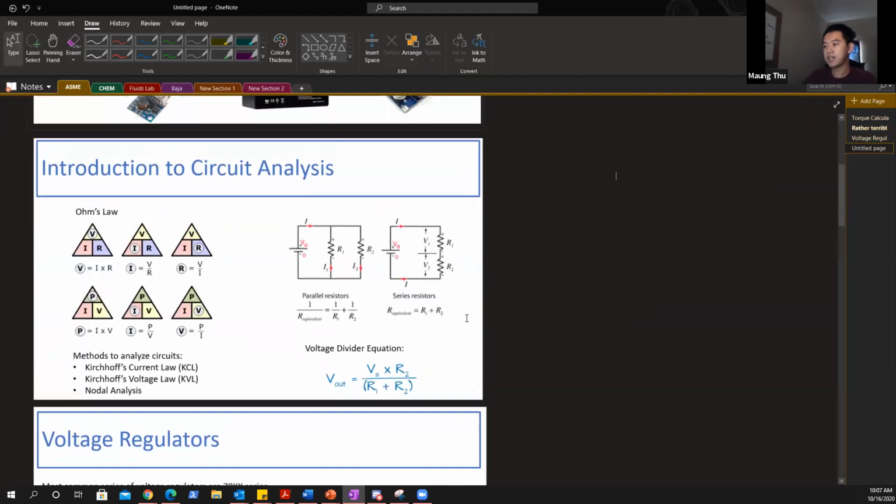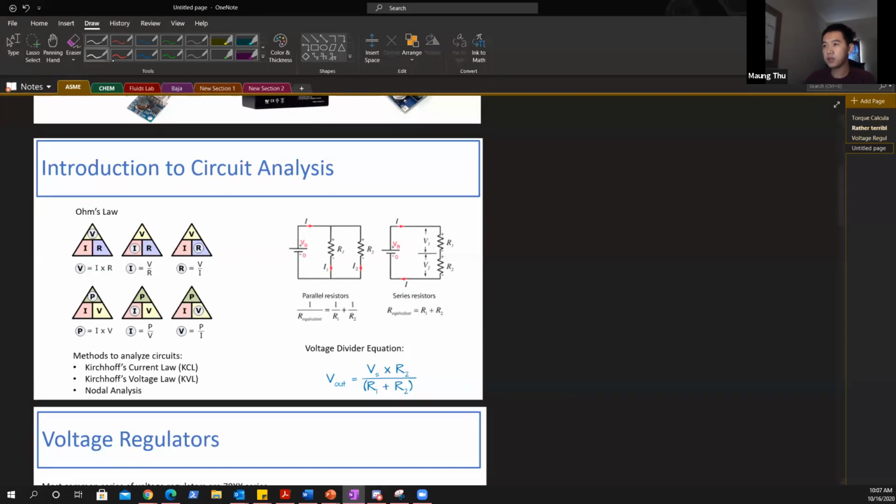Here's a breakdown for those who have taken circuit analysis already, for either ME or EE. This is the overall summary of what you should have learned in your circuit analysis class, at least for the introduction one.